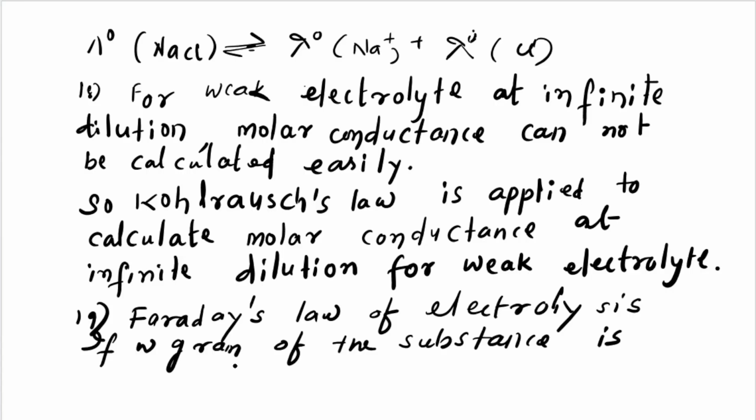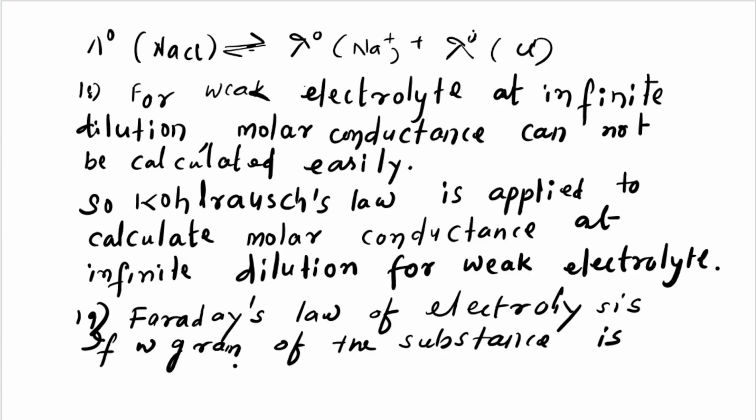Then what law will you follow? Kohlrausch's law, which is applied to calculate molar conductance at infinite dilution for weak electrolyte. The main point is that a weak electrolyte is not completely ionized, which is why you always see the degree of dissociation.